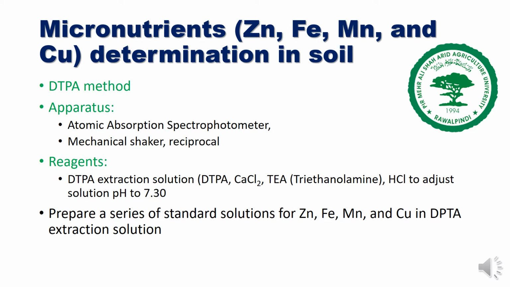This DTPA extraction solution will contain 0.005 molar DTPA, 0.1 molar TEA, and 0.1 molar calcium chloride. We also need to prepare a series of standard solutions for each micronutrient by using their respective salt.